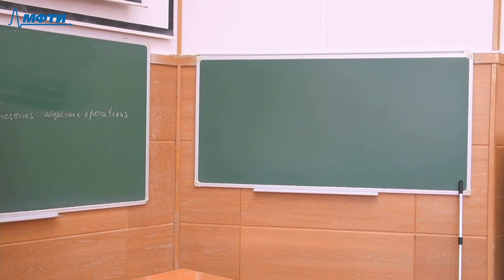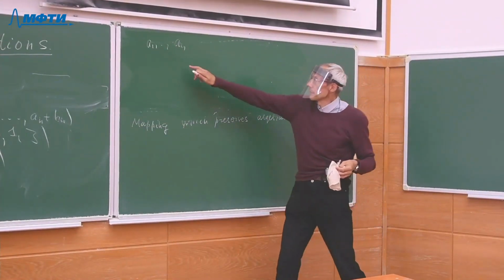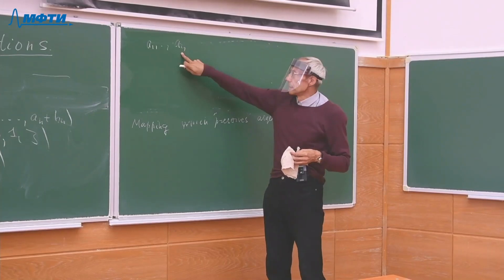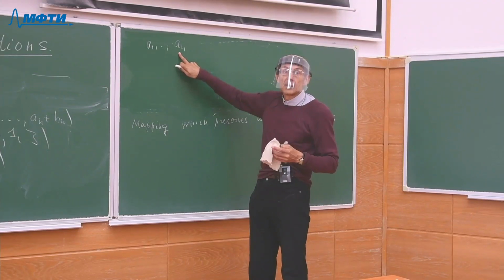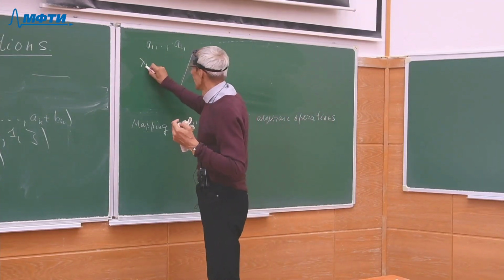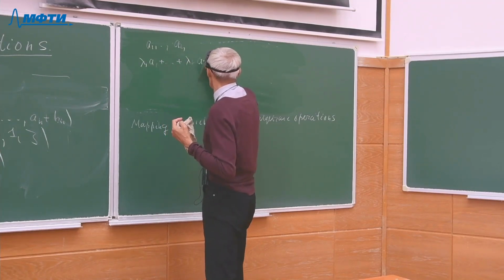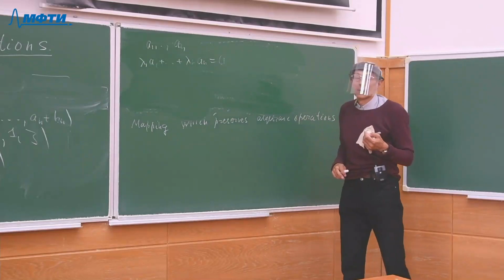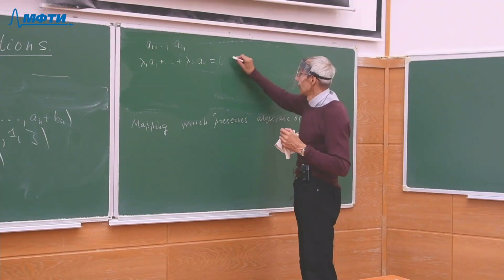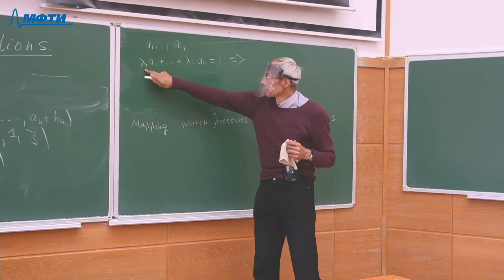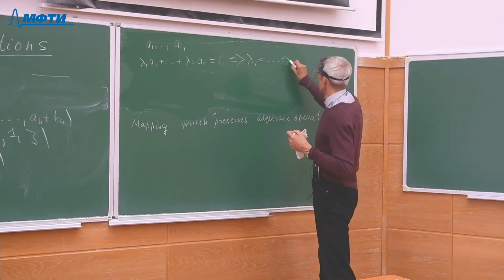If you have the vectors a1, a2, ..., an, this set is called linearly independent if and only if its linear combination is equal to 0 only when the constants lambda 1, ..., lambda n are all equal to 0.